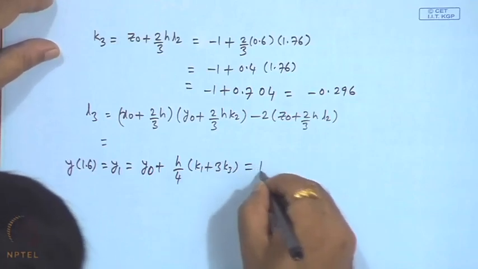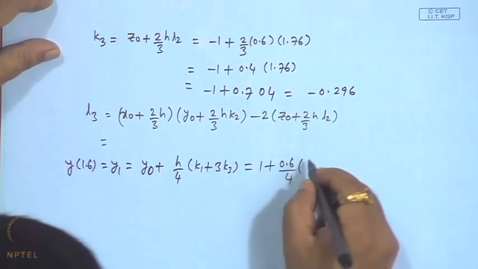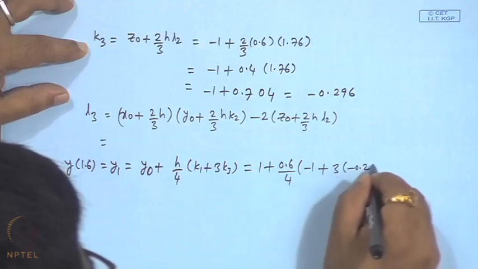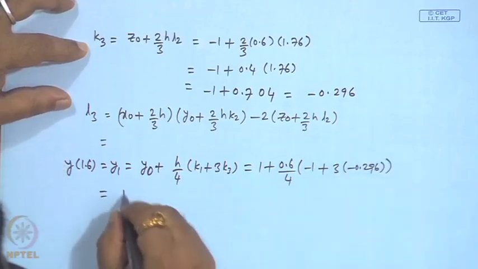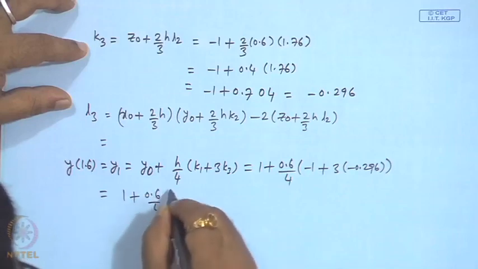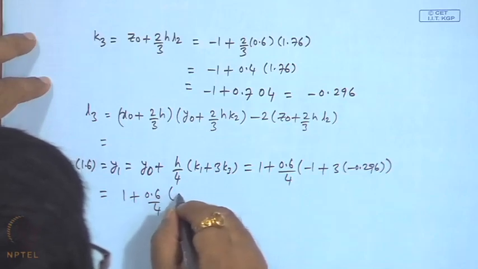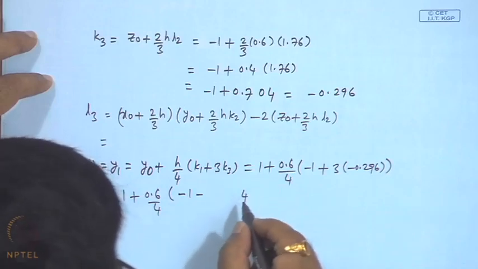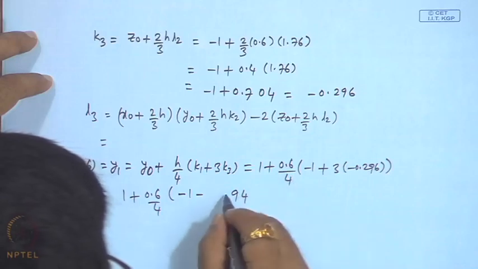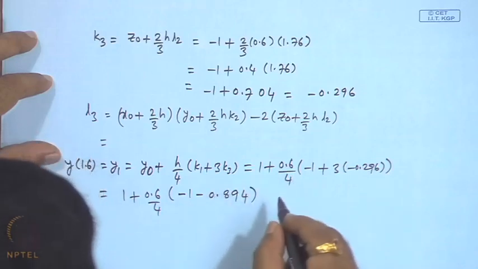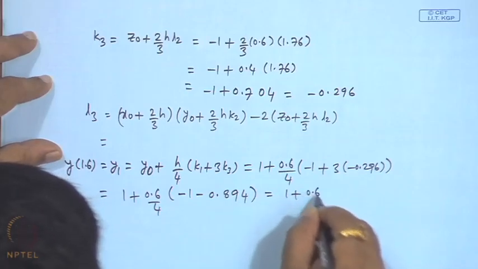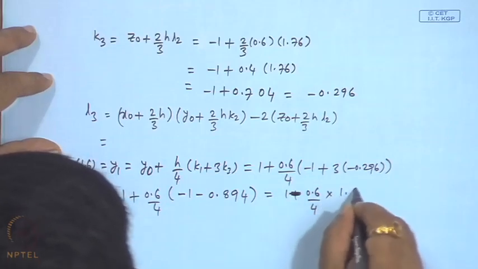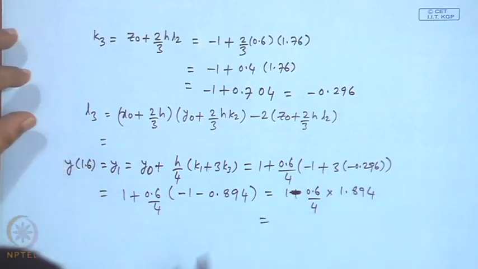So, y0 was 1, h is 0.6 by 4, and k1 is minus 1 plus 3 k3. So, we simplify, we get the answer.